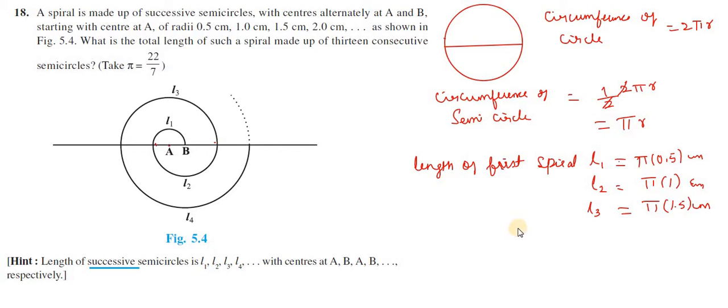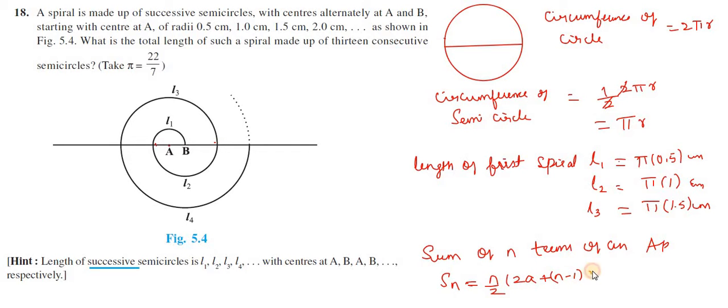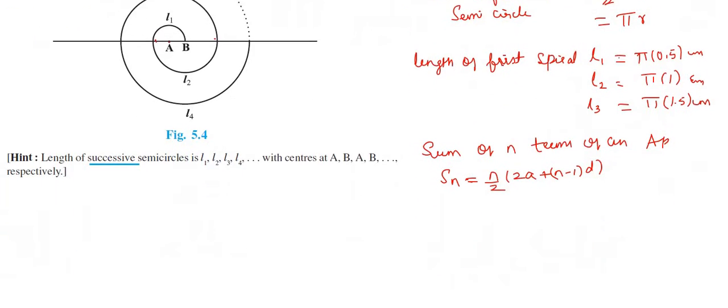Okay. Now the sum of n terms of an AP. So what is the sum of n terms of an AP? Sn is equal to n by 2 into 2a plus n minus 1 into d.